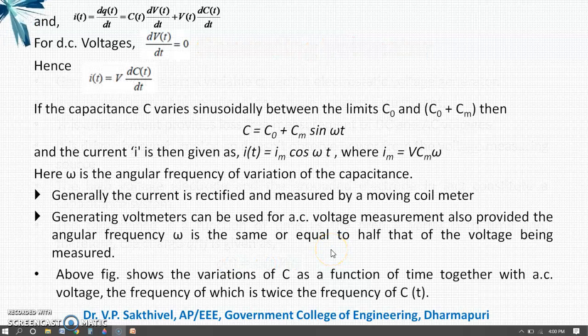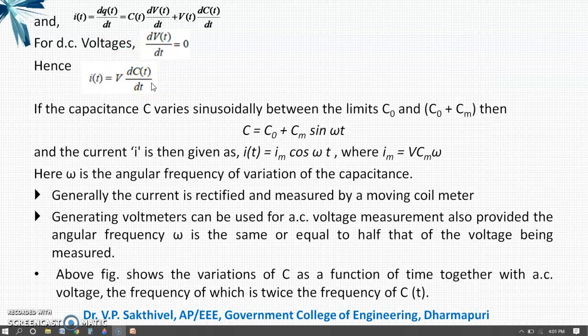If the capacitance of the capacitor varies with respect to time when connected to a source of voltage V, then the current through the capacitor is given by this equation. For DC voltages, dV by dt equals 0, so this term is cancelled. So i(t) equals V times dC(t) by dt.